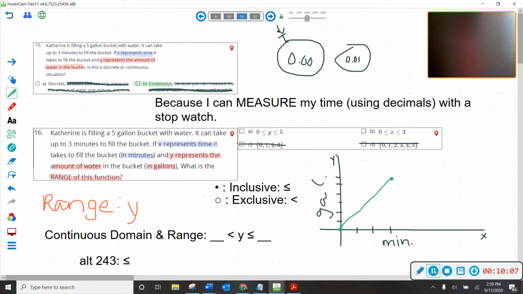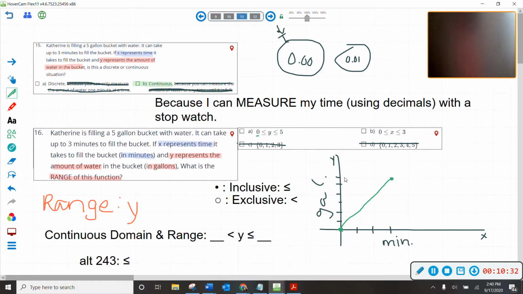Now, taking a look at this graph, I would say that the x value begins at 0. I also have a solid dot right here because I'm saying at 0 minutes, I have 0 water. So that's why I have an inclusive symbol. Y, all right, y-axis. I go all the way up to the top.